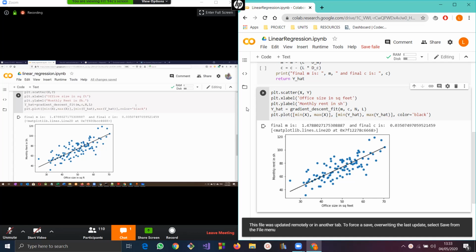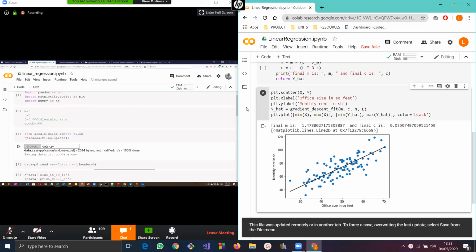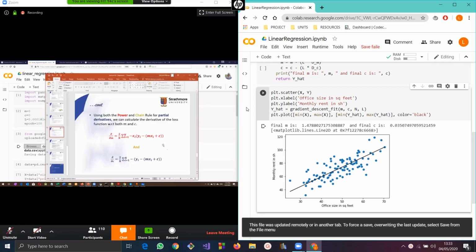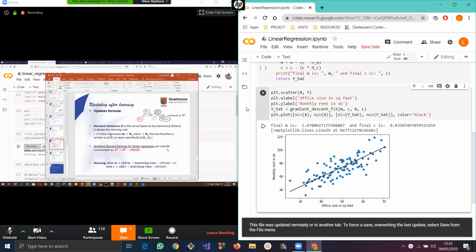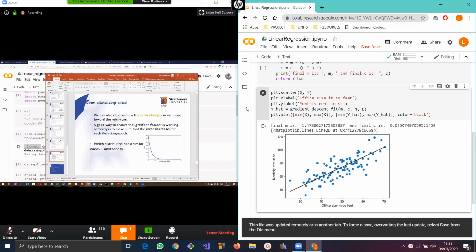Anyway, this is a simple plot, and then you get two plots. I want to plot two things. Number one, I've plotted the line of best fit. Number two, I want to see how my error behaved. So I will have two plots.